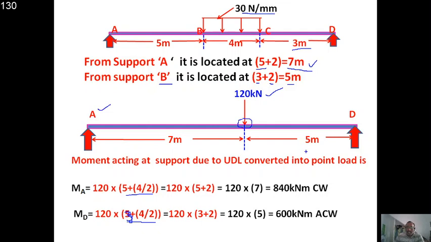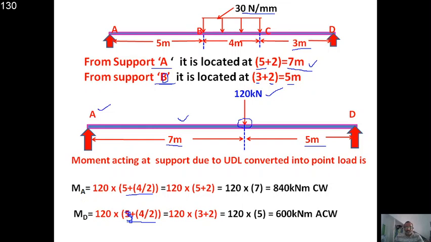So that's why I represented the load at 5 meters from support D. So from support D it is 5 meters, and from support A it is 7 meters. So this is our total conversion from UDL to point load.